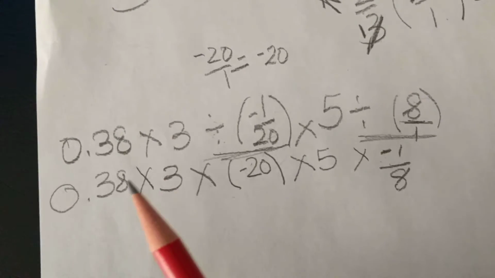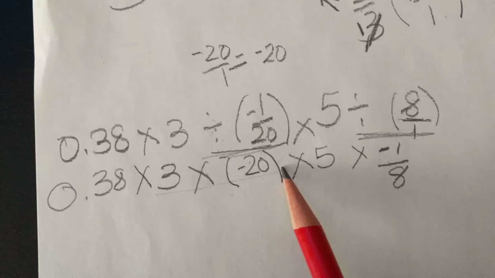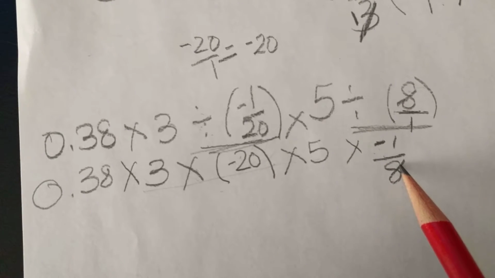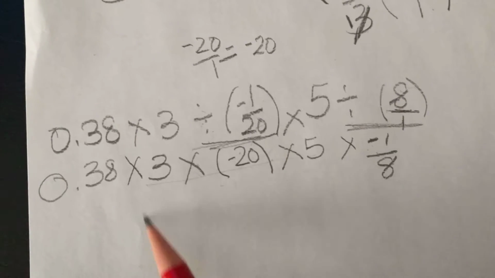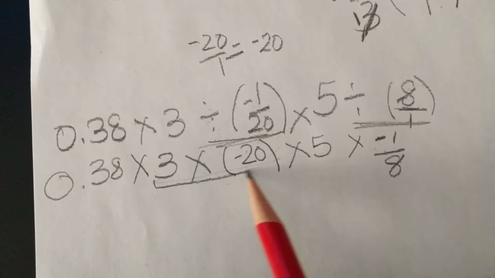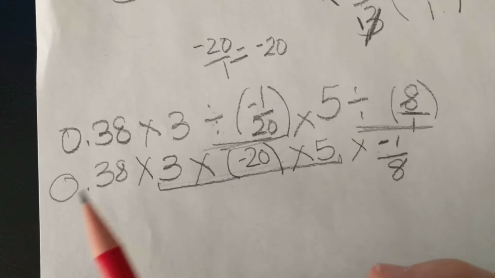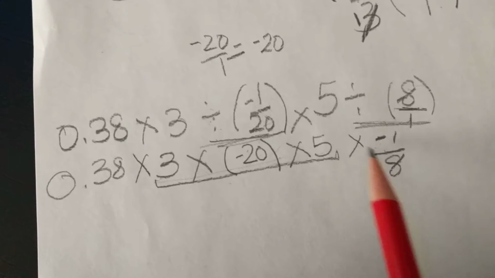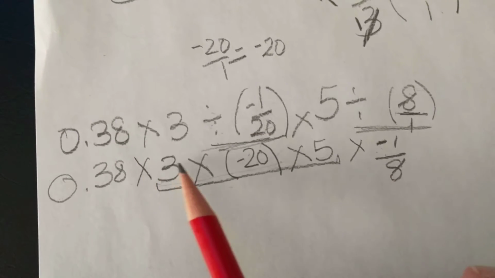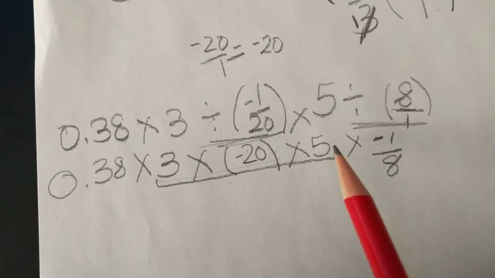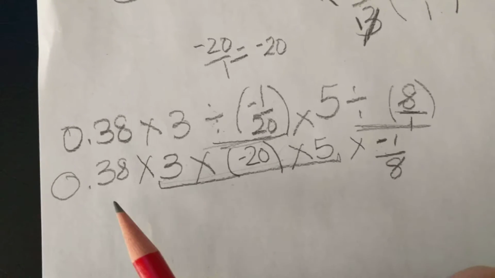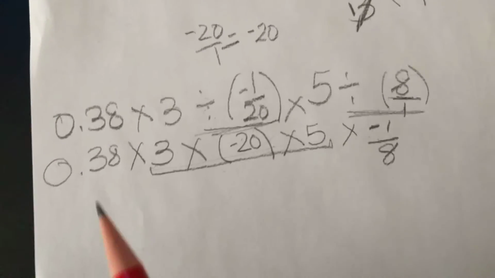So now we look at this. I have a decimal, integers, and a fraction. So what I'm going to do is start with the integers. And do you notice I take time to look at the whole problem and see what's going on? Everything's being multiplied to each other, so we are able to use the commutative property.